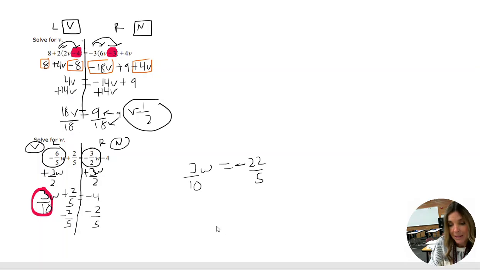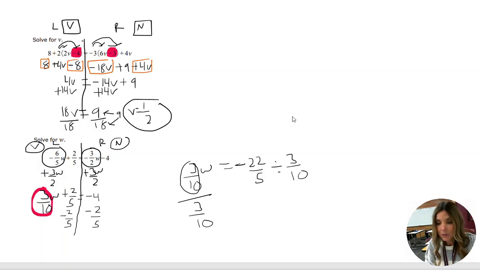Okay, and then last step is to get rid of this multiplication of 3/10 by using division. So this -22/5 is going to get divided by 3/10. It absolutely does matter which one goes in the calculator first, because if you are doing this by hand, you would actually multiply by the reciprocal of the second fraction.